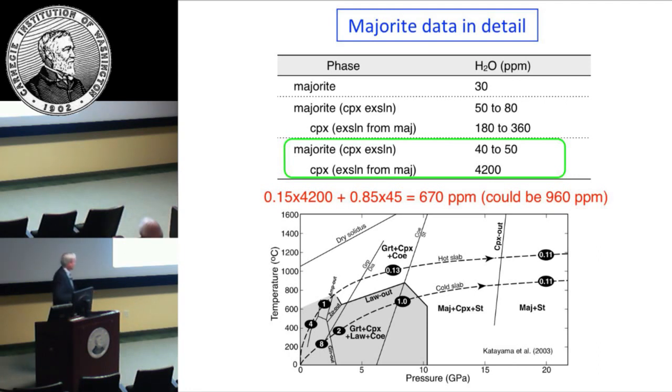And that's actually very close to, when you take Majorite up to high pressure, about 0.1 weight percent, which is very, very typical of what you would expect if this was the right carrying capacity of Majorite for water.